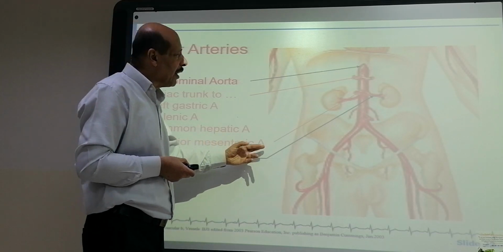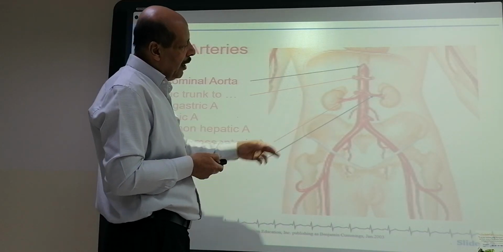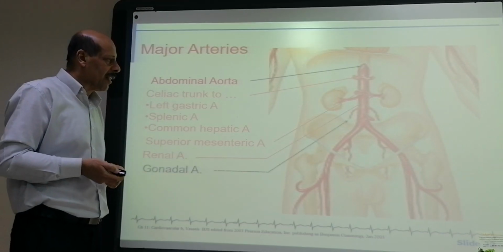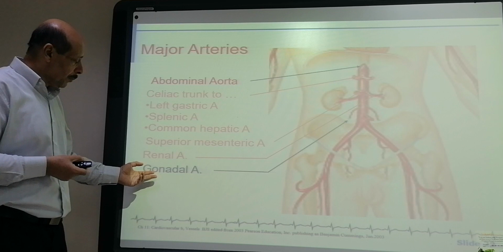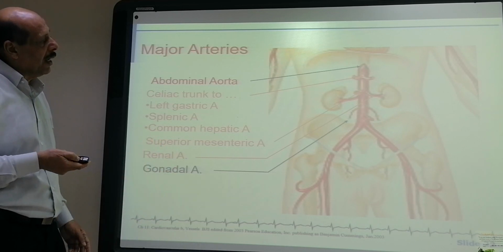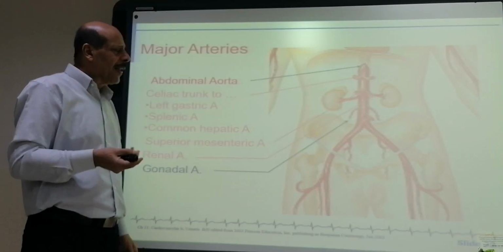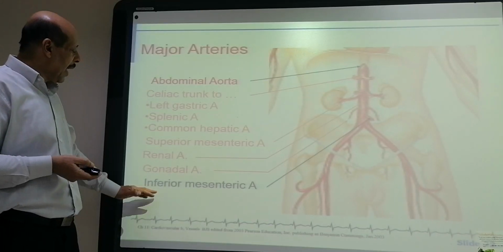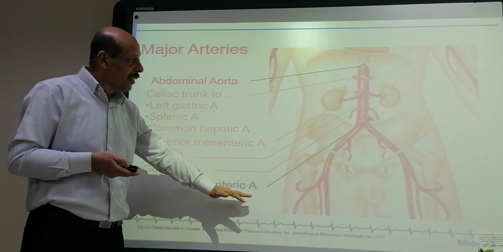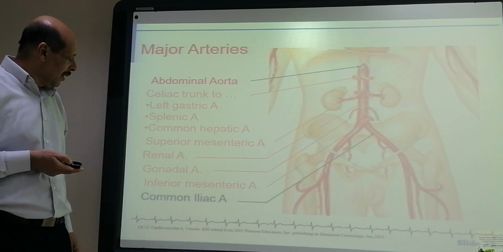The renal artery, right and left renal artery, supply both kidneys with blood, and the gonadal artery supplies the gonads in our body, and the inferior mesenteric artery is there.